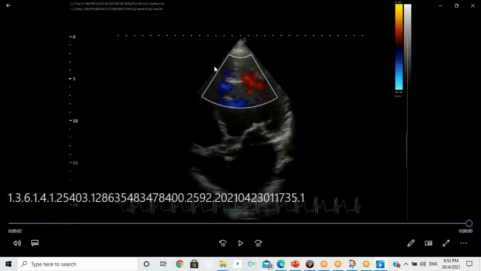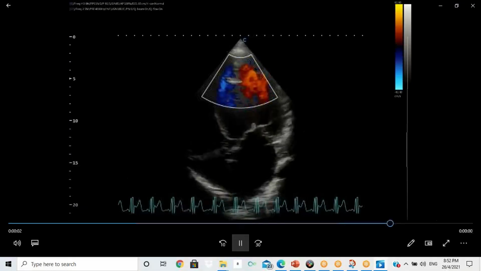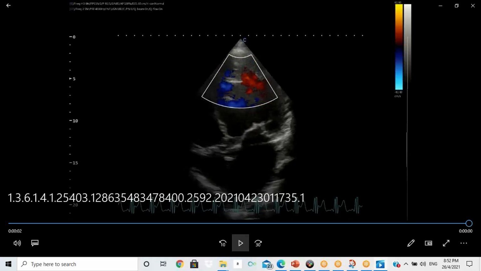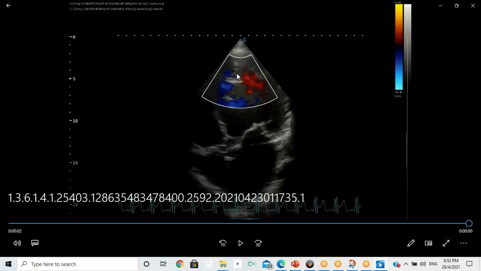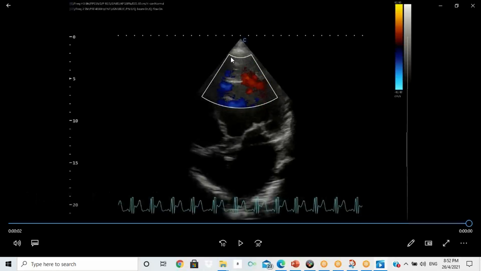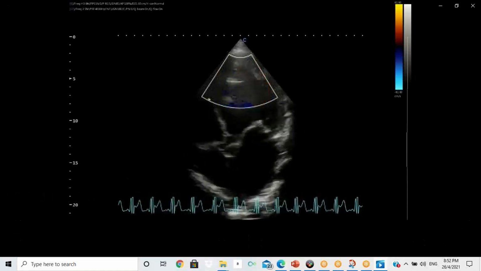When the ejection fraction, the contractility of the heart, is this poor, you can get blood clots in the apex of the heart, because in any structure of the heart that is not moving, the blood can stagnate and you can get clots. So by putting the color on, you can see if there are any clots.